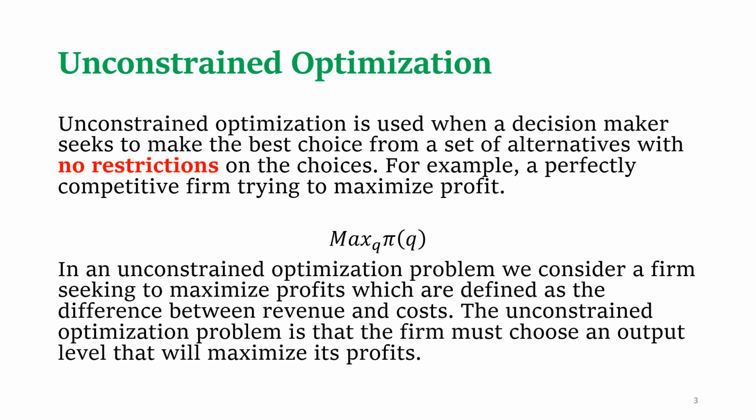So you have to note this one. For unconstrained optimization, there are no restrictions on the choices that the individual economic agent is making. There are no constraints on the choices he or she makes.